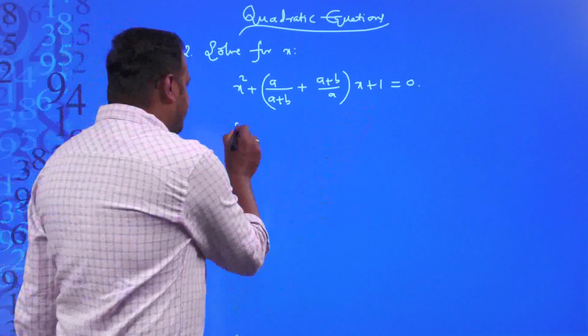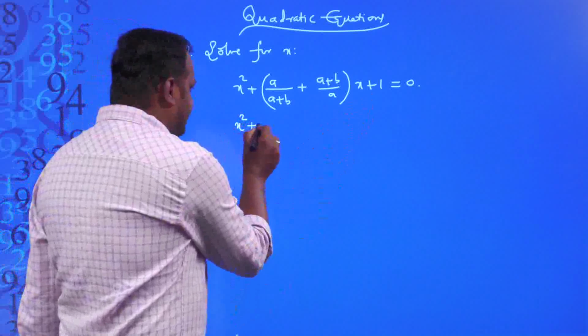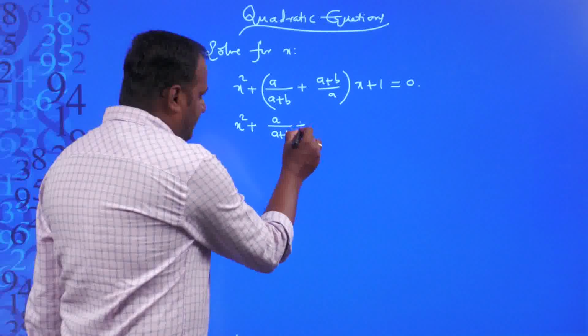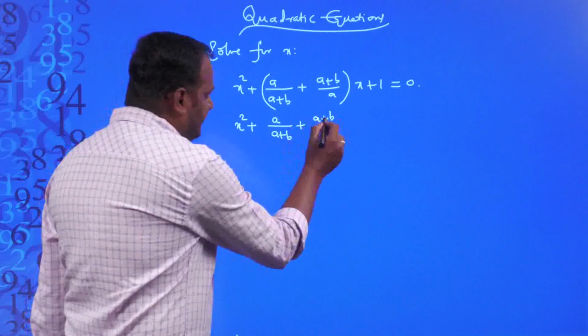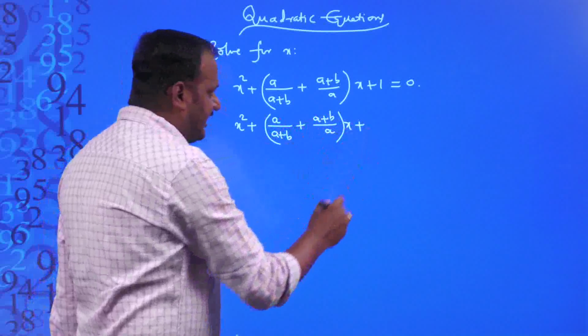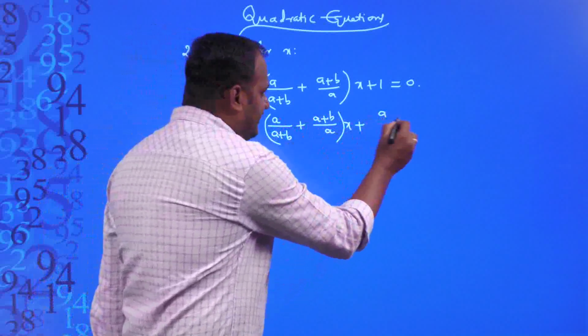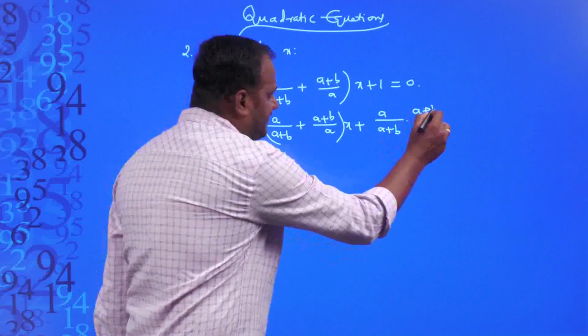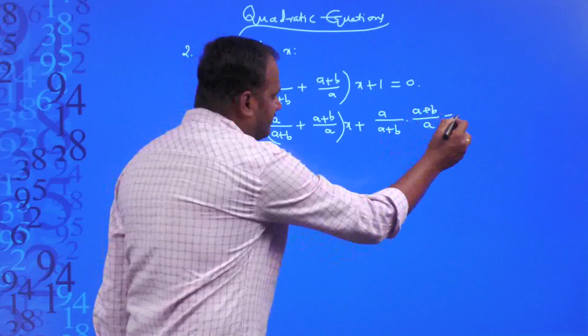So, I am going to write this one as x square plus a divided by a plus b plus a plus b divided by a times x, and I am going to write this one as a divided by a plus b multiplied by a plus b divided by a is equal to 0.